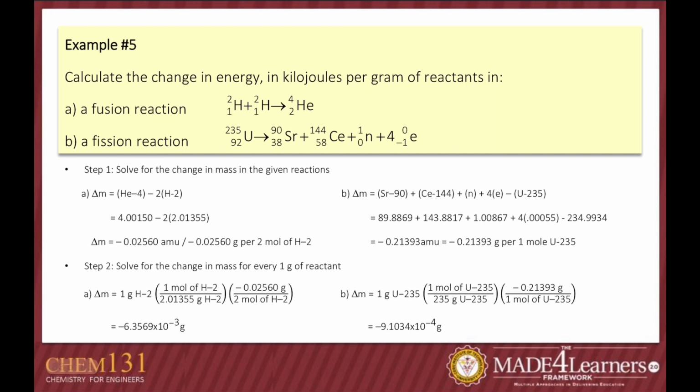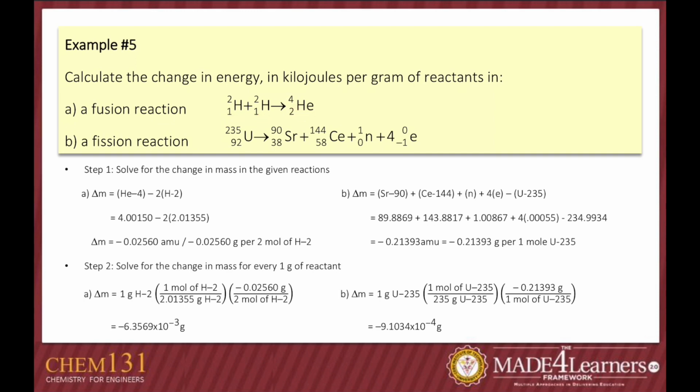This example is a comparison between fusion and fission, just like examples 1 and 2. We calculate the change in energy corresponding to the given reaction. Here we have the fusion of 2 deuterium nuclei to form helium.